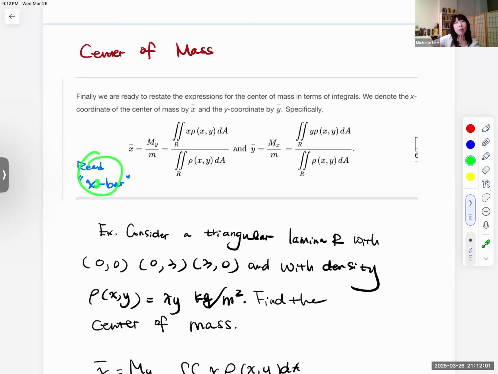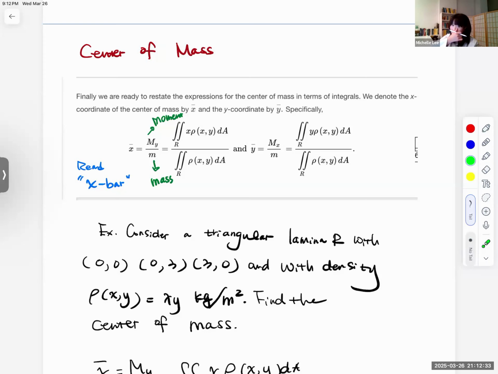We are using the weighted mean formula. That's why we are using x bar for the x coordinate. We have y bar, center of mass for the y coordinate. So we have a moment there, right? So this is a moment, and this is mass, right?